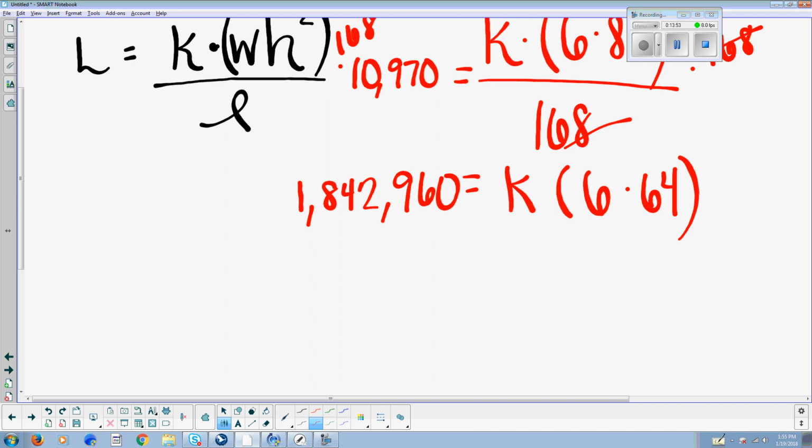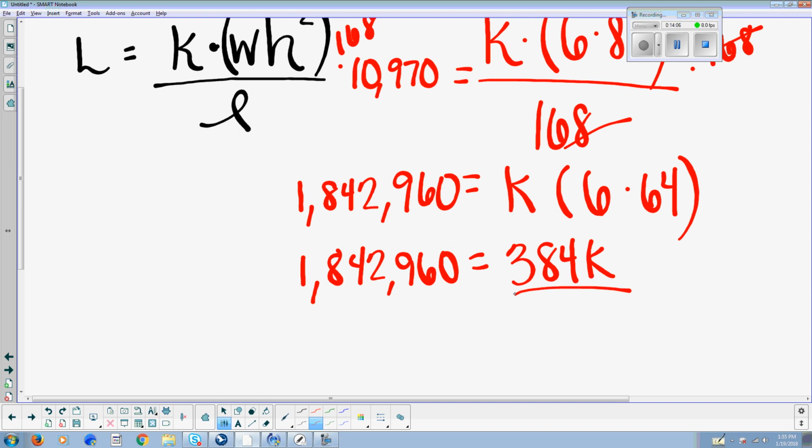Okay, and then I'm going to multiply 6 times 64. That is 384. 384k equals 1,842,960. Divide by 384.